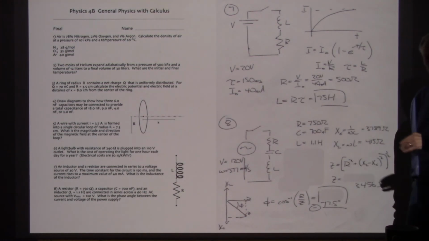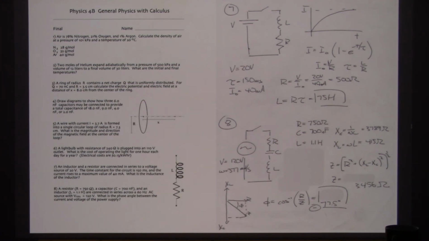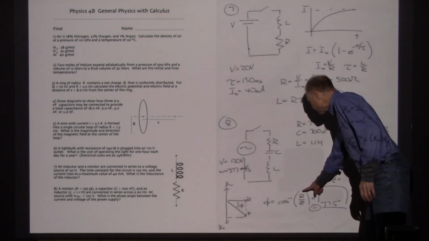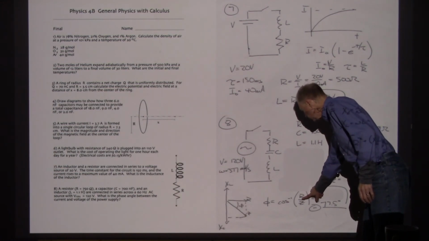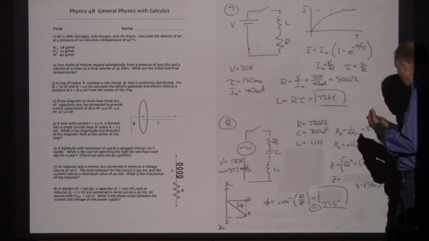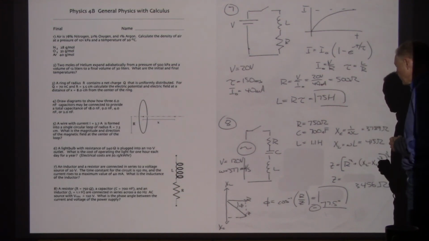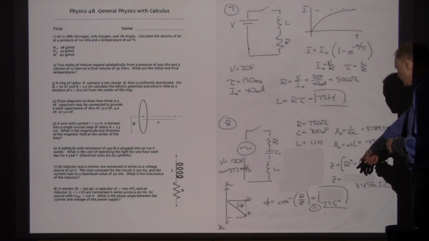So the phase difference, the voltage is lagging the current, is given by the inverse cosine of R over Z. I've got the R value, I've got the Z value, I've got that angle. And so the angle works out to be 77.5.